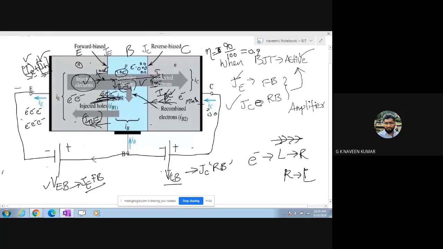Hence the hole current will be maximum in the total current. If there are more majority carriers, then the corresponding current will be more. If the minority carriers are there, then the associated current will be less. Majority carriers can be electrons or holes, and that depends on the type of the semiconductor. If it is p-type, majority will be holes and minority will be electrons. If it is n-type, majority will be electrons and minority will be holes.